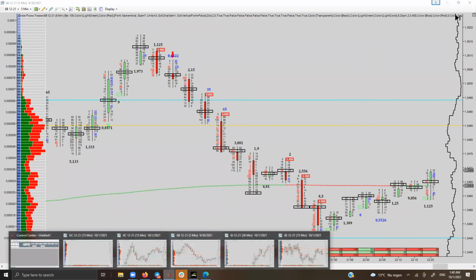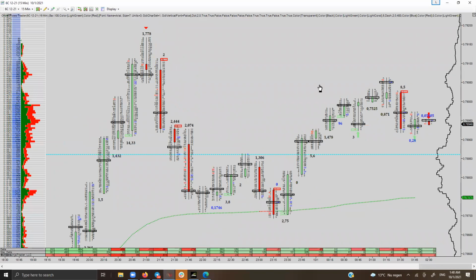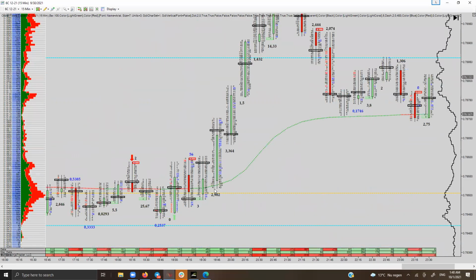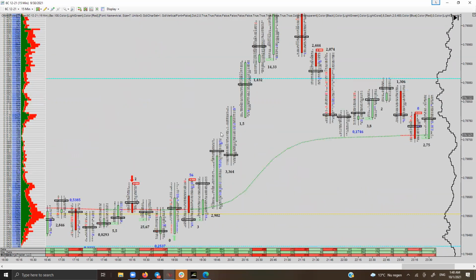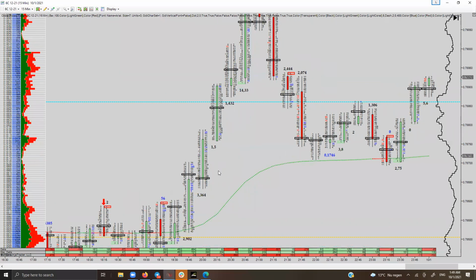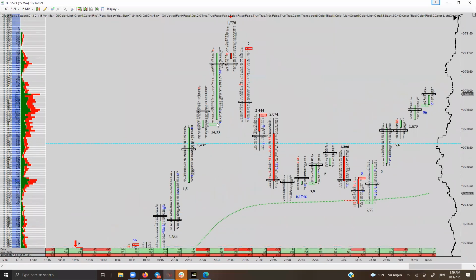For example, say USD CAD, when I saw this one, I bought it here. When you saw this confirmation, okay, this is the VWAP line, it's rejecting the VWAP line. That already gave me the confirmation that it will go up. And with the huge volume, see, the volume is shifting, huge buying volume.